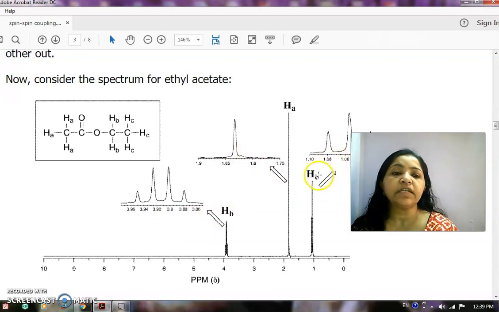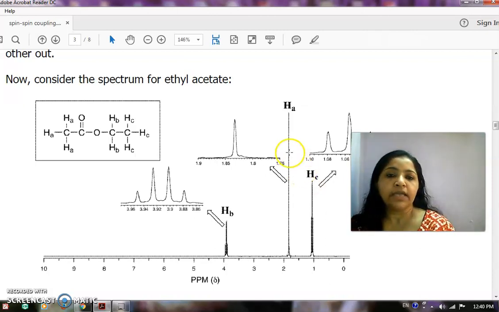Triplet means definitely in its surrounding, you have two other nuclei of similar environment, and here it is not having any nuclei which can split its peak, and since it is a quadruplet, definitely it has three nuclei which will couple with it.